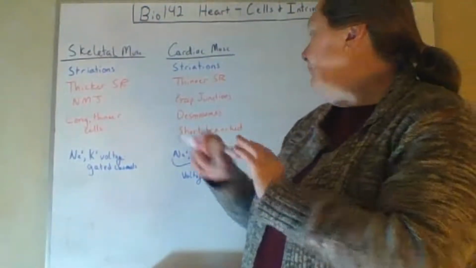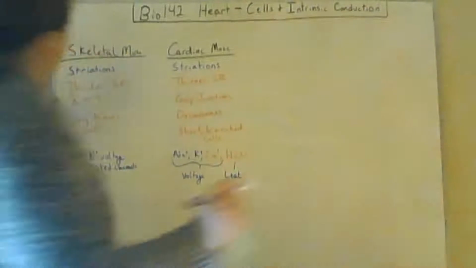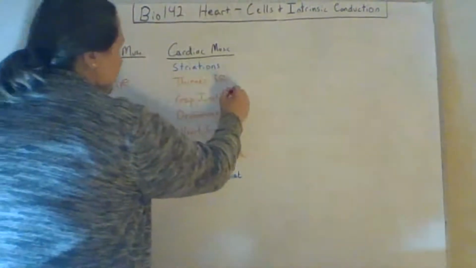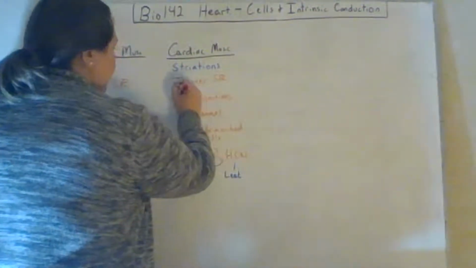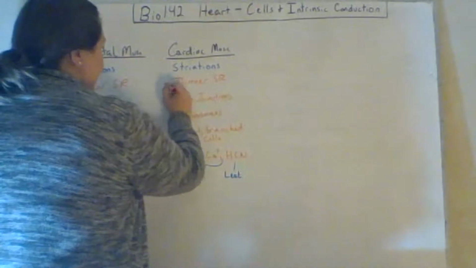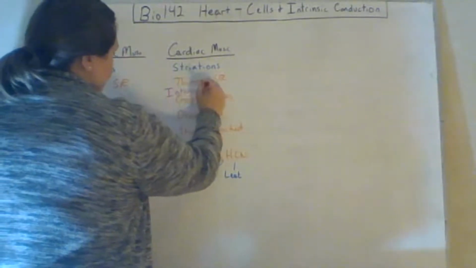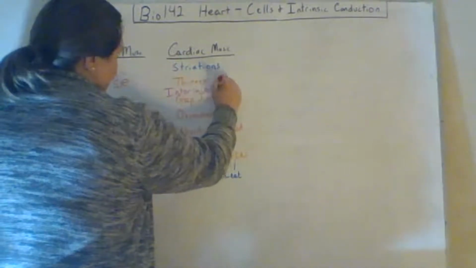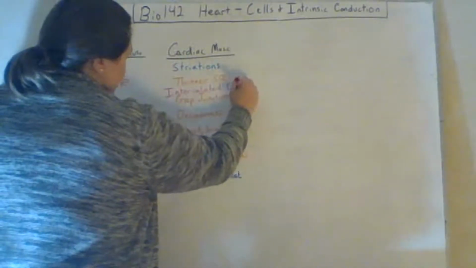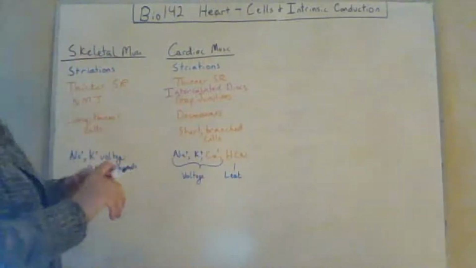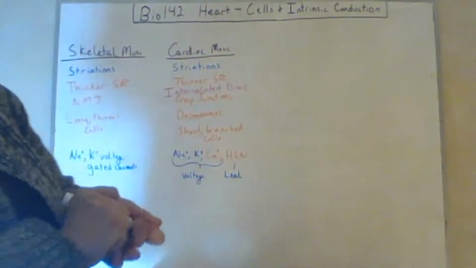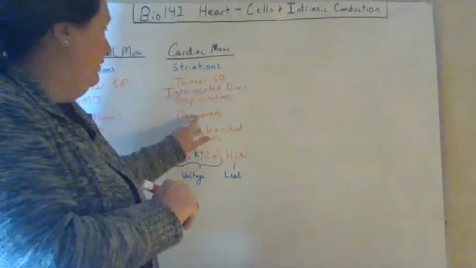So here I have some things written down here, but let me do intercalated discs. And in those intercalated discs, that's where you're going to find gap junctions and desmosomes.